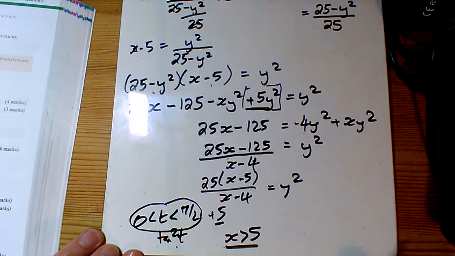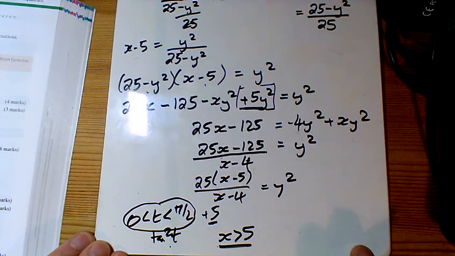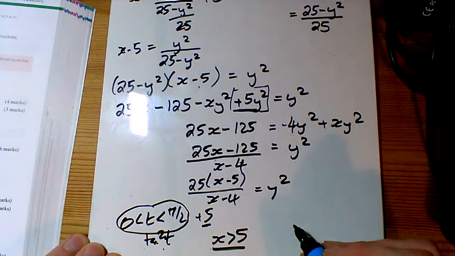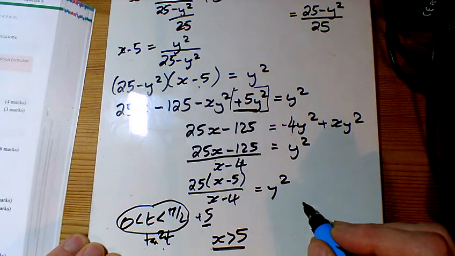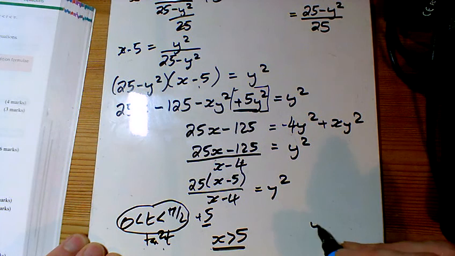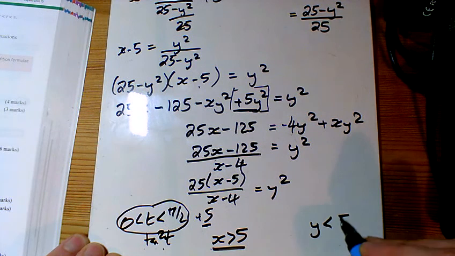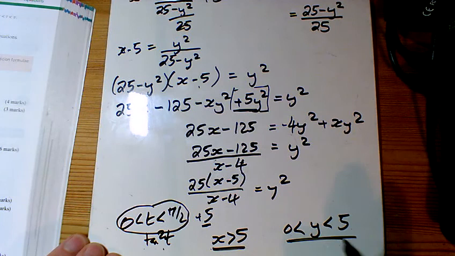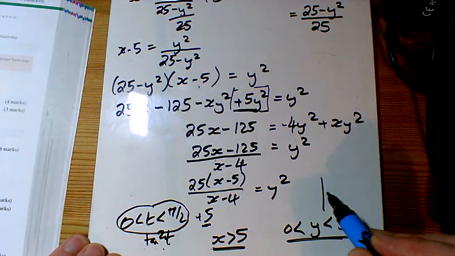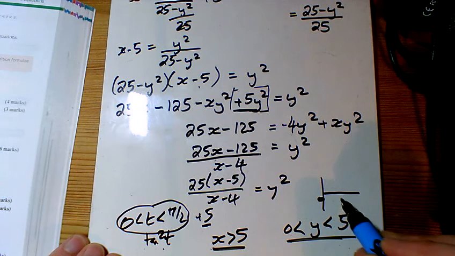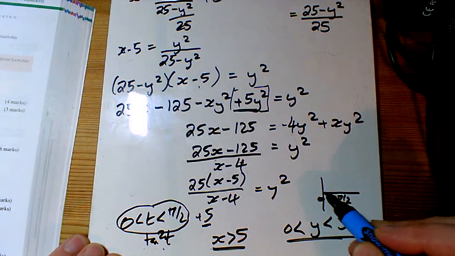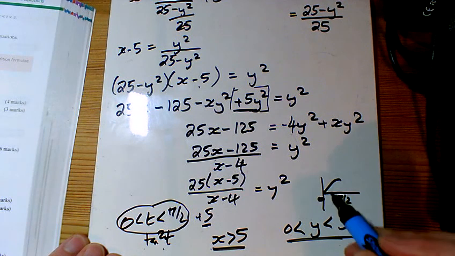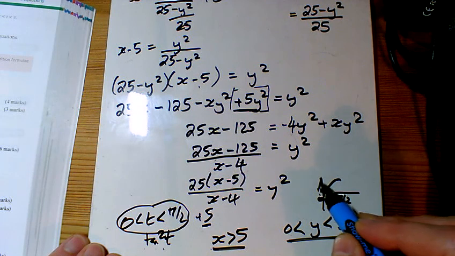So x is greater than 5 is the domain, and the y is 5 times the sine. So the y values will go from 0 to 5. There's the sine graph there. Starts at 0, goes up to 5.